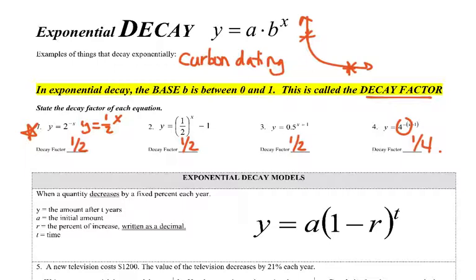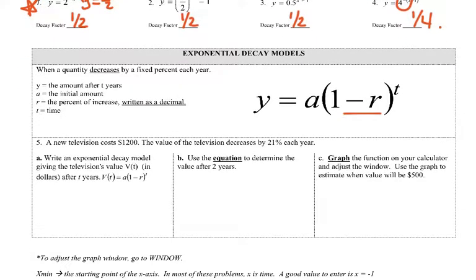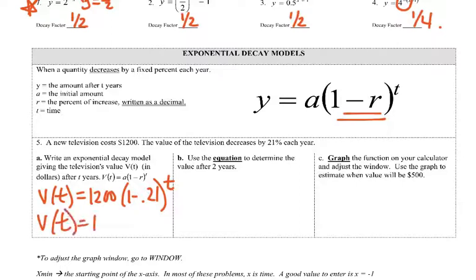Okay, so now what we're going to do is use our same formula, but instead of a plus, it's a minus. So here we have: find the value of the television if it starts off costing $1,200 and it decreases by 21% each year. So the value after a certain number of time is going to be 1200 times 0.79 to the t.